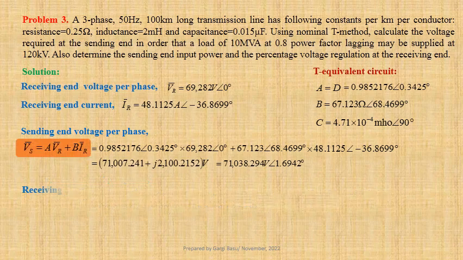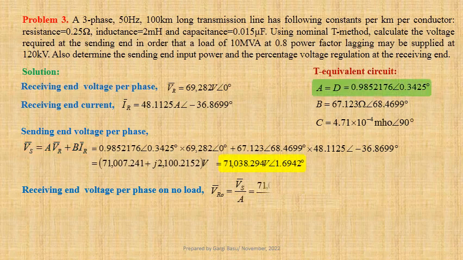Therefore, receiving end voltage per phase on no load VRO equals Vs divided by A. Using values we get 71,038.294 at an angle 1.6942 degree divided by 0.9852176 at an angle 0.3425 degree.